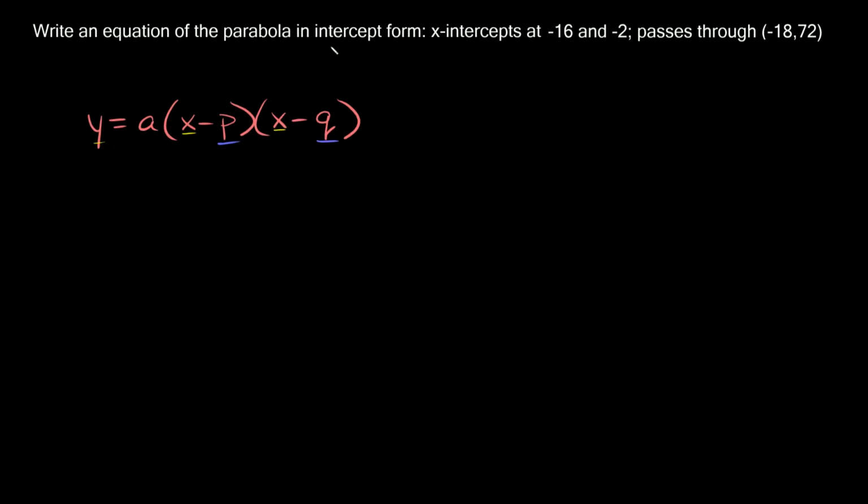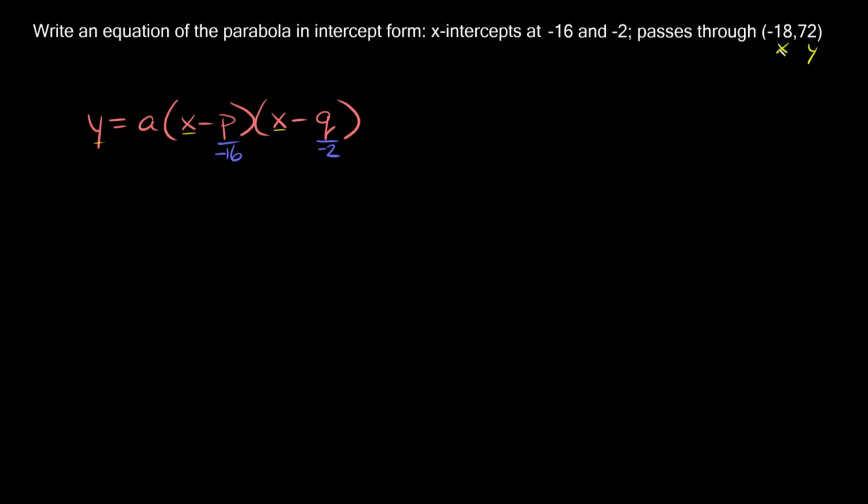So it just says write an equation of the parabola in intercept form, and then it tells us that the x-intercepts are at -16 and -2. Okay, so that means I'm going to plug in a -16 right here and a -2 right there. And then it also says that it passes through this point right here, (-18, 72). Okay, so this x and y coordinate are what we're going to plug into these x coordinates and this y coordinate.